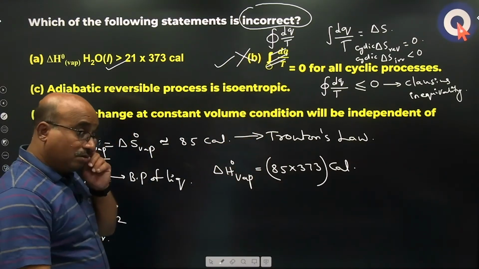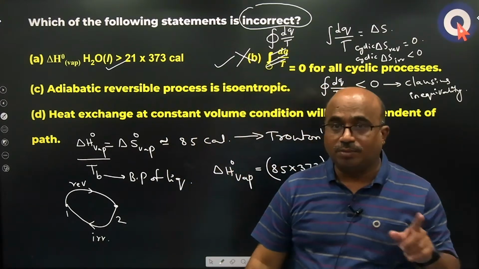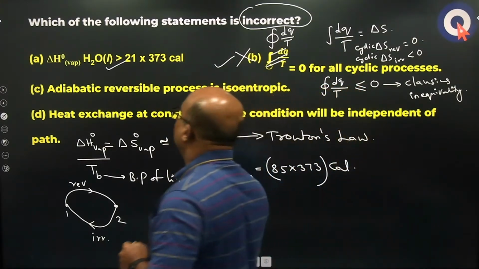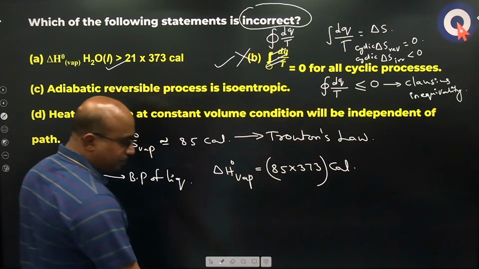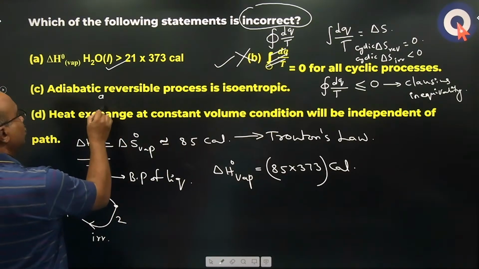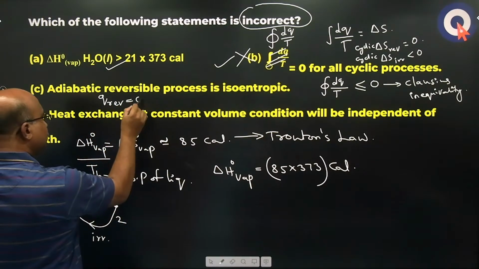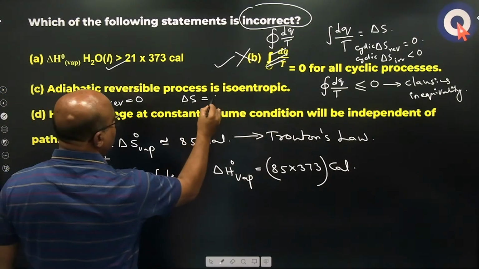So let us see, maybe in the advanced exam we may get one or two more option-type questions. An adiabatic reversible process is an isoentropic process. So directly we can say for adiabatic reversible, Q reversible is 0. Therefore, delta S for the process is equal to 0.